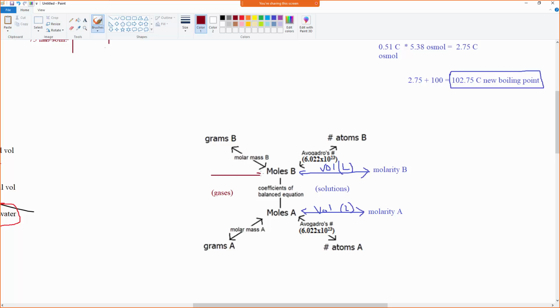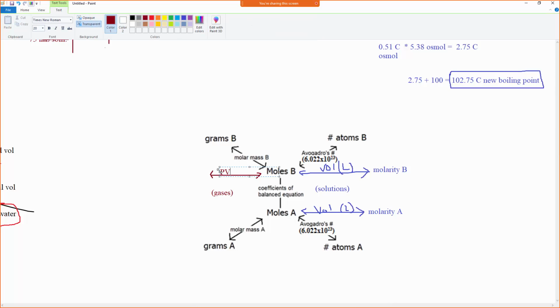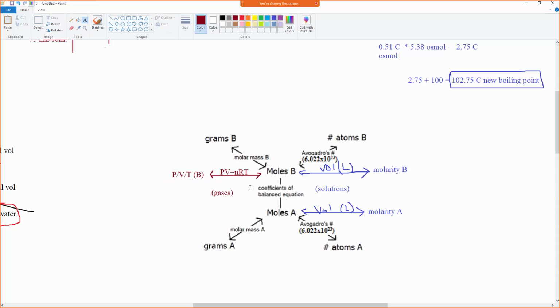And from moles of a gas, we could use pressure, volume, and temperature, or PV equals nRT, to get pressure, volume, or temperature. You guys remember that? Do the same thing here.